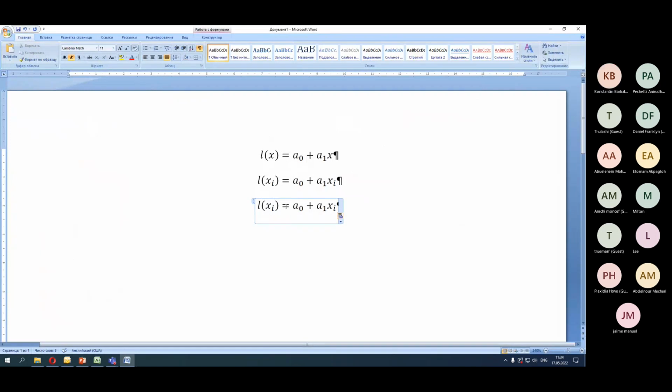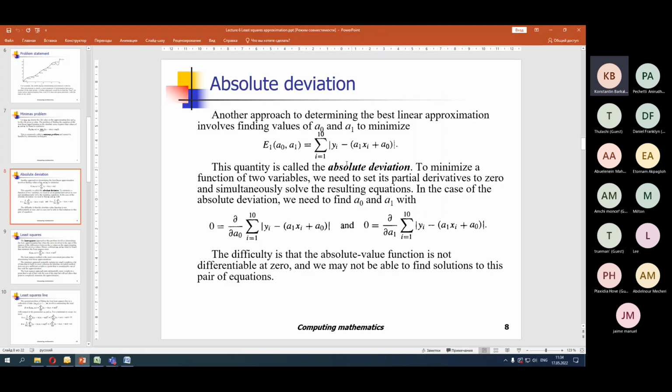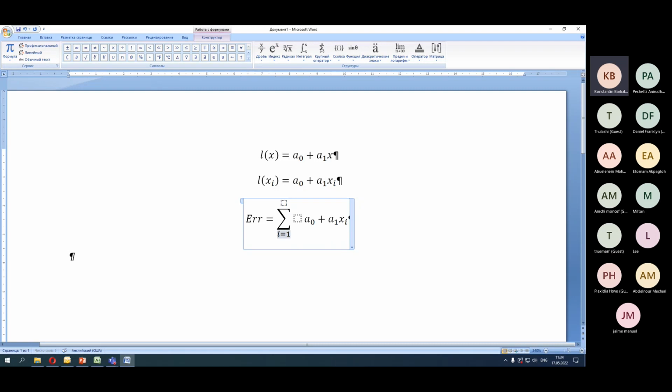Just to stress, the error equals the sum from i equals 1 to m, where m is the number of points, of the absolute value of the difference between the real value of the function yi and our approximation L of x at the point i.